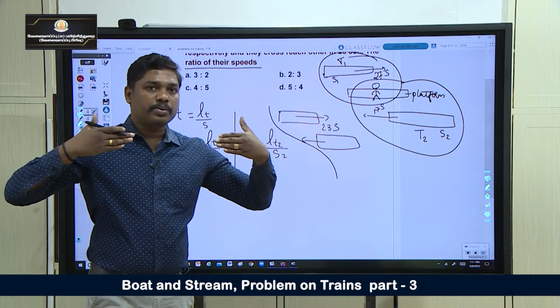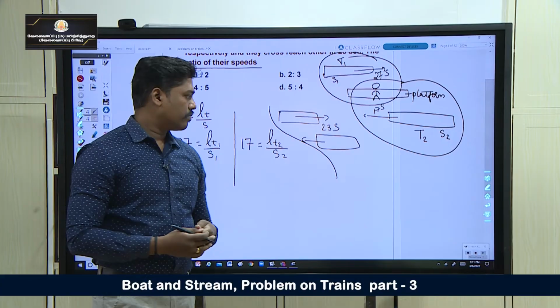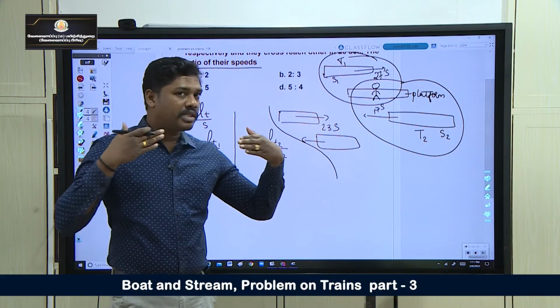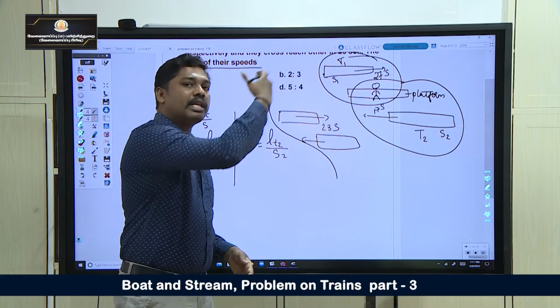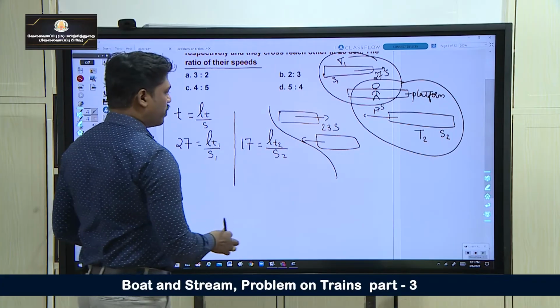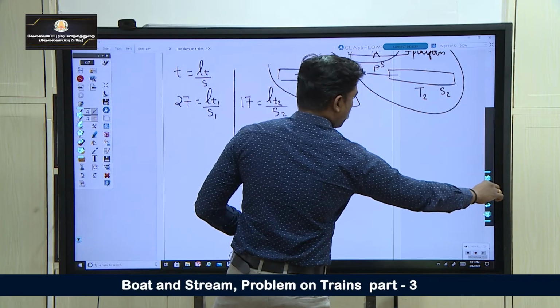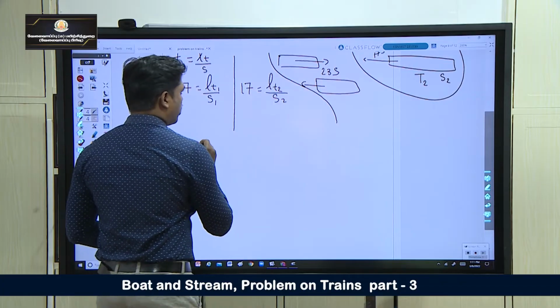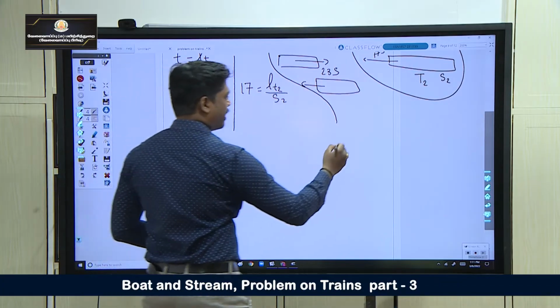Now, what is the next point? Now, these two trains cross each other. Two trains crossing each other means it is moving length. What formula do we use there for moving length? Let me write here.